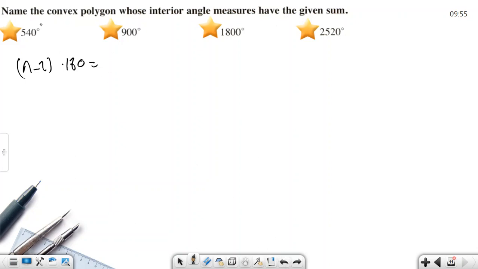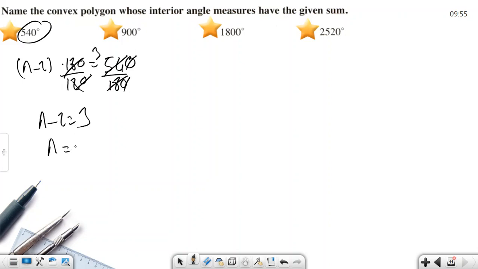What is the given here? 540. So n minus 2, let's divide by 180 to cancel 180. 540 divided by 180 is 3. n minus 2 equals 3. n equals 5, since 3 plus 2 is 5.